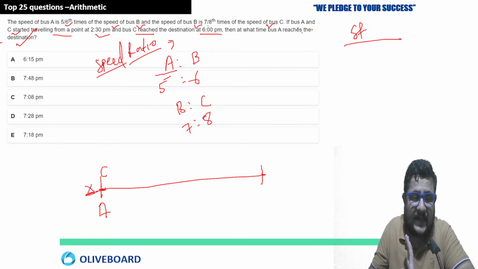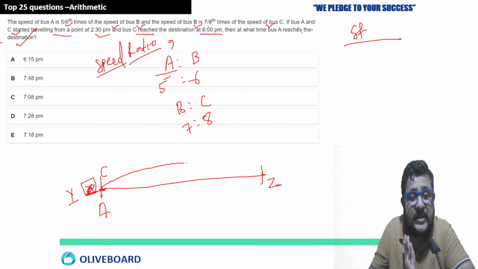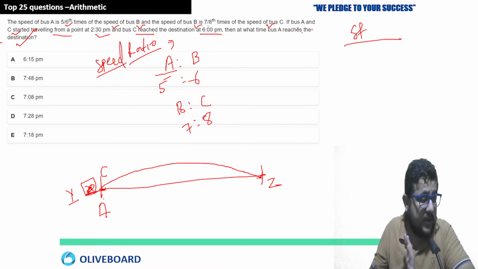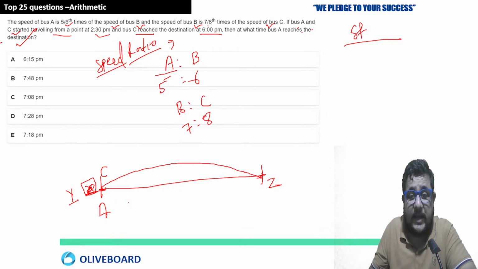Suppose this point is Y, and they reached Z. Destination is Z. So C to Z, the distance is going to be what? That we don't know. So you can do it by basics, but by a smart approach, I will tell you.